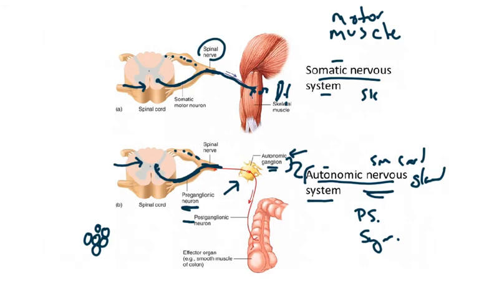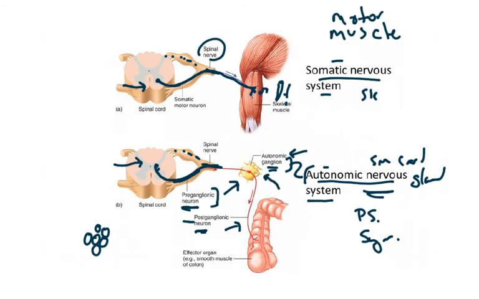So you kind of got to love the naming system. The neuron that comes before the ganglion is the preganglionic neuron. And then the neuron that comes after the ganglia is called the postganglionic neuron. The only thing that gets a little confusing about the naming system that you want to keep in mind is that the postganglionic neuron's cell body is in the autonomic ganglia.